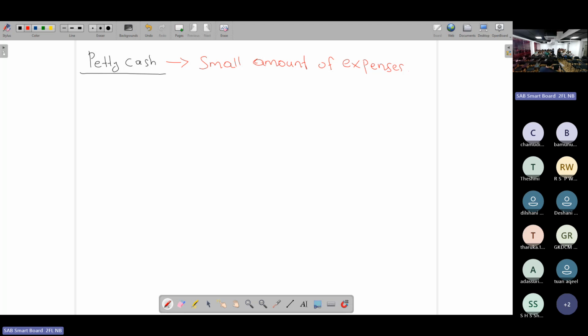Let's say your superior has asked you to make a payment. He requested you to raise a payment voucher for 50,000. Verbal communication won't do.